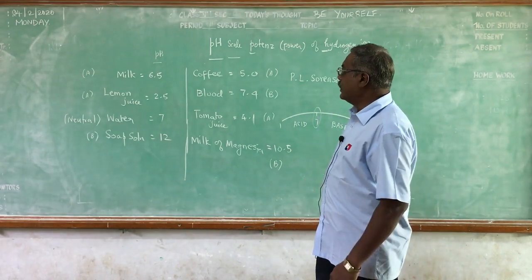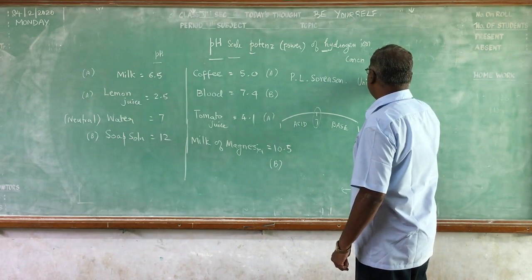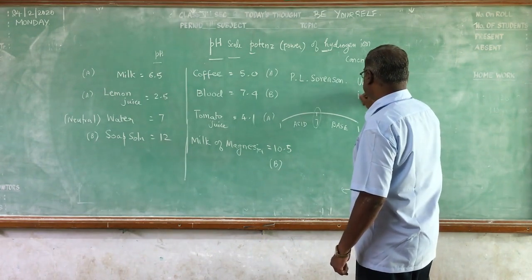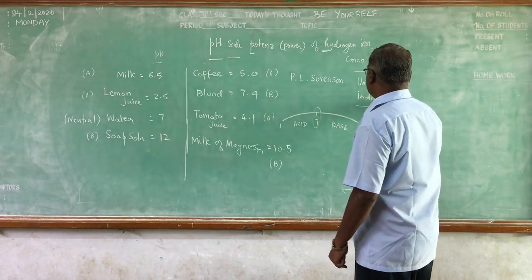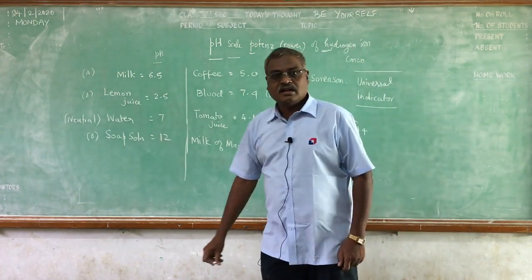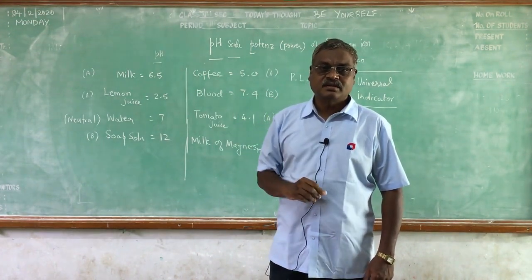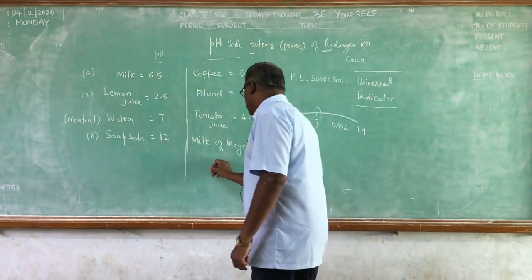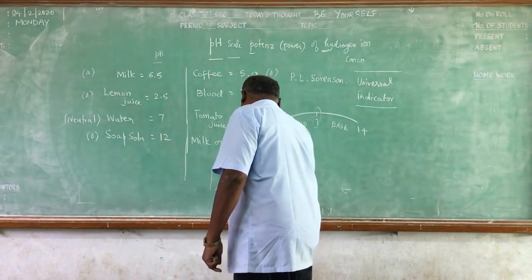And there is one indicator known as universal indicator. In the universal indicator, it will change to different colors according to the pH. For example, 1 to 7, suppose this is 7.